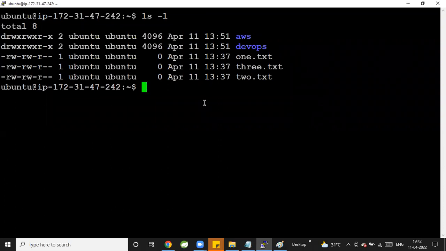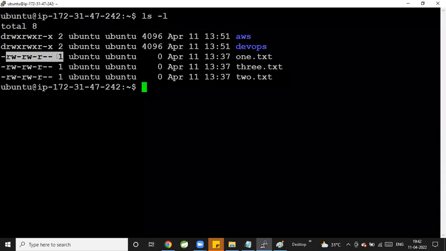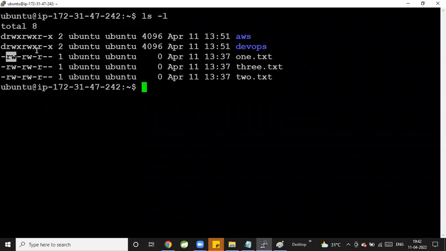Okay, fine, guys. Here, I have the file with permissions. Now I want to change the file permissions. I want to add execute permission for the user. I want to remove the permission for the group, or add the permission for others. I want to remove the permission for others, like that.